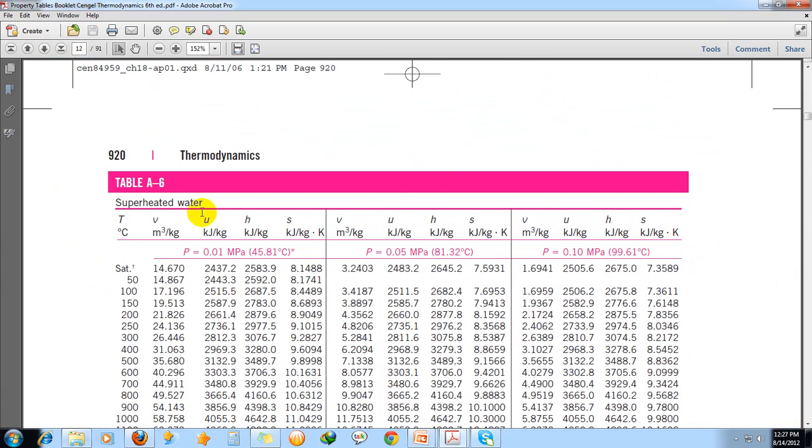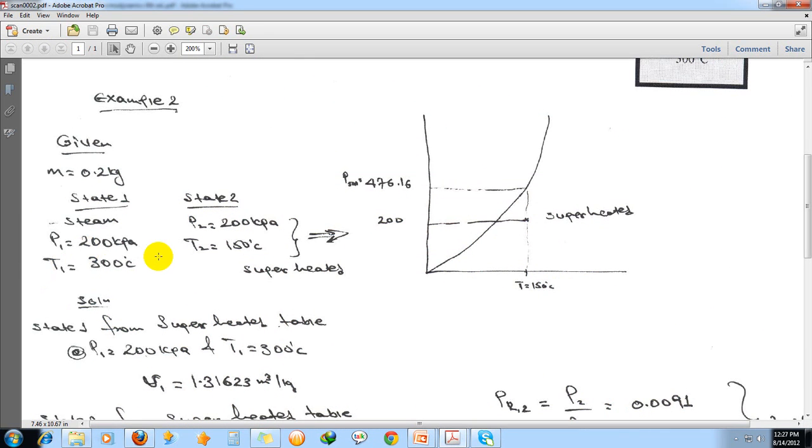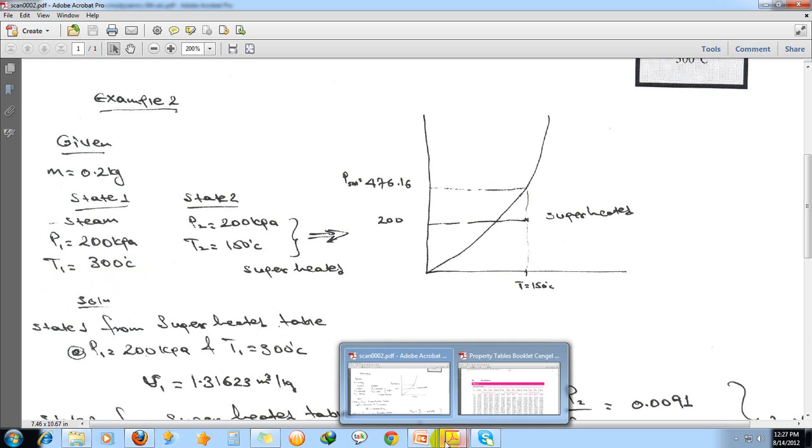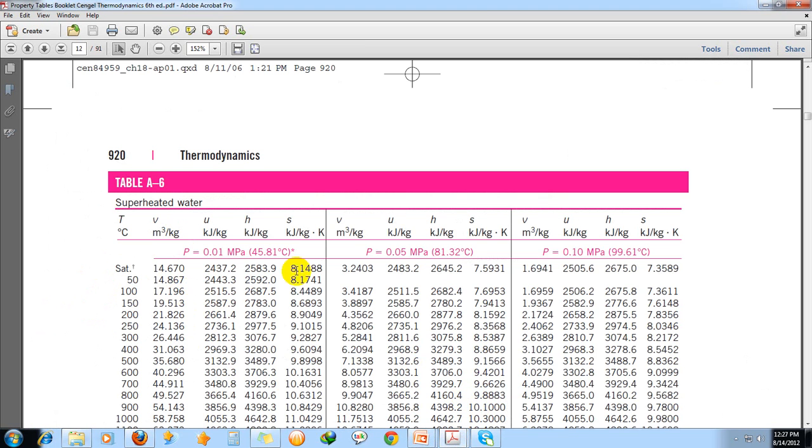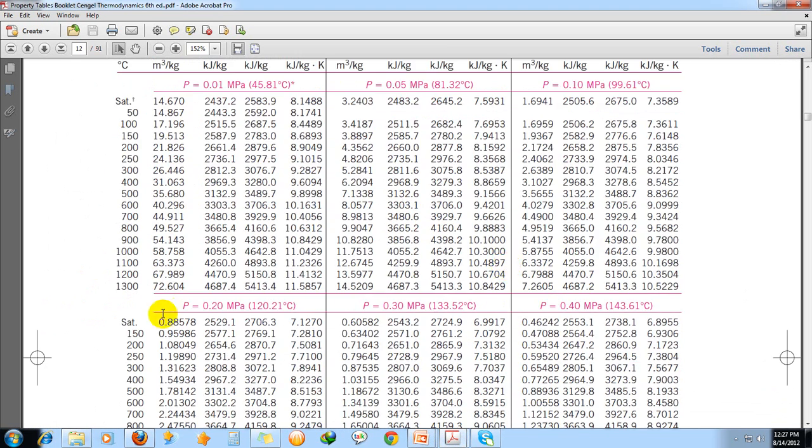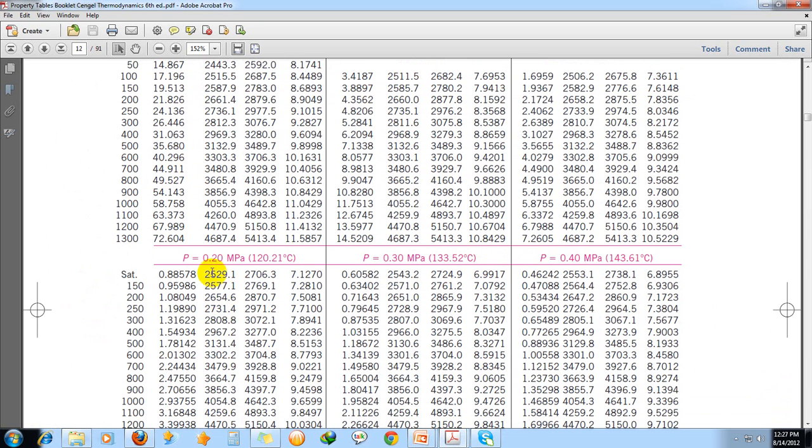Okay, superheated water. The properties are 200 kilopascal and 300 degrees centigrade. 200 kilopascal means 0.2 megapascal. This one, 0.2 megapascal, and temperature is equal to 300.